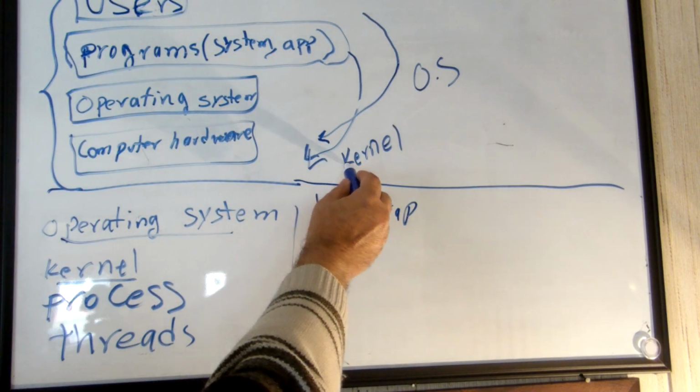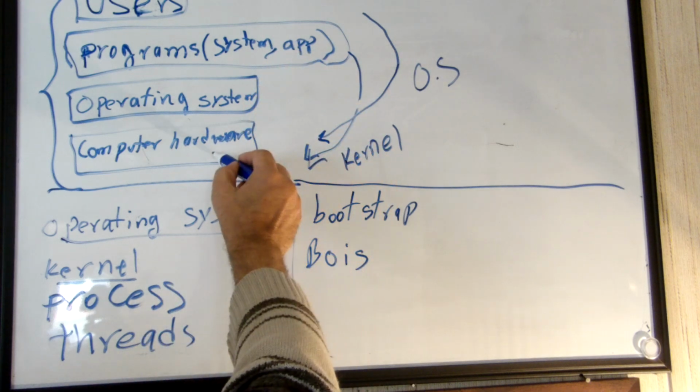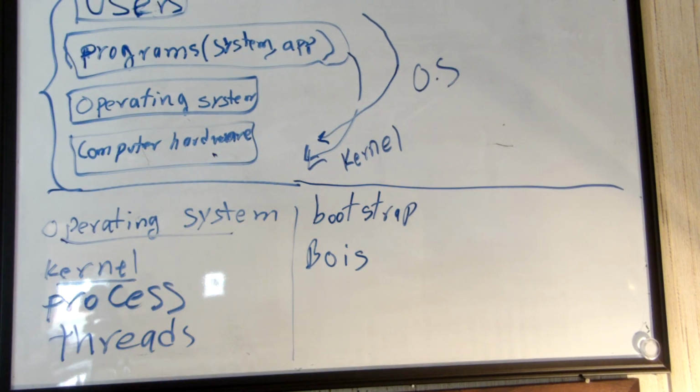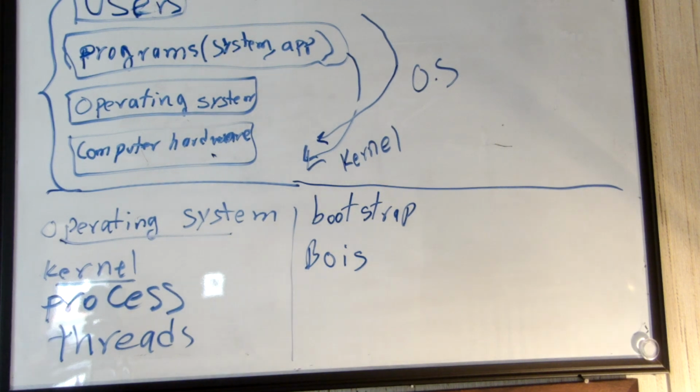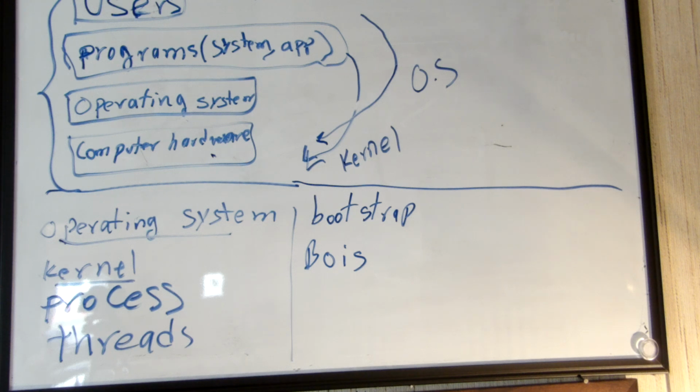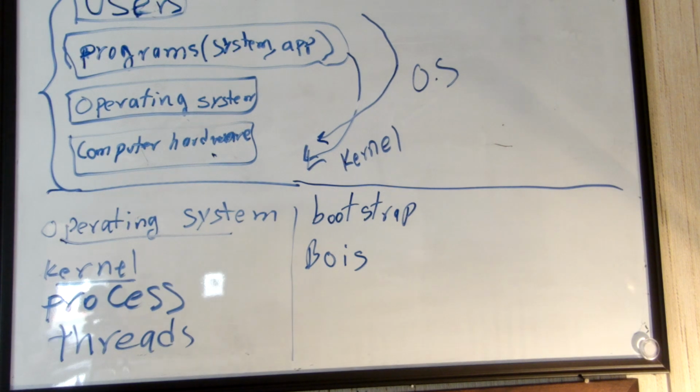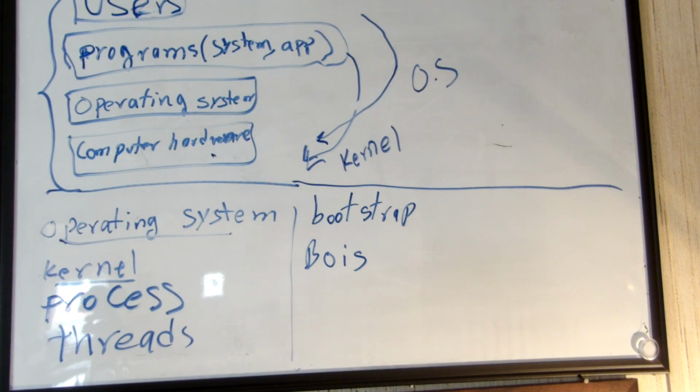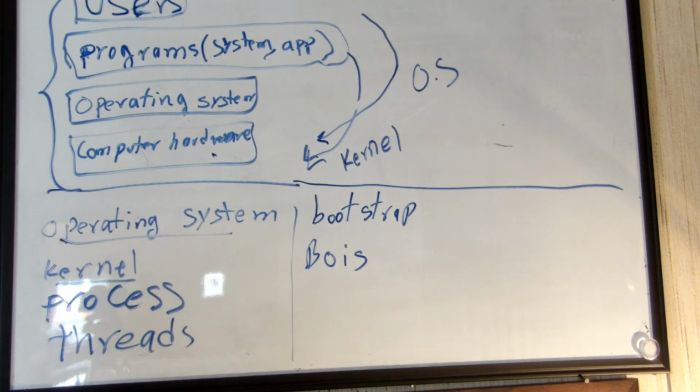See, kernel here, application and hardware, the computer hardware we talked about. Application programs could be all kinds of programs; some programs are built into the computer and do things for you.